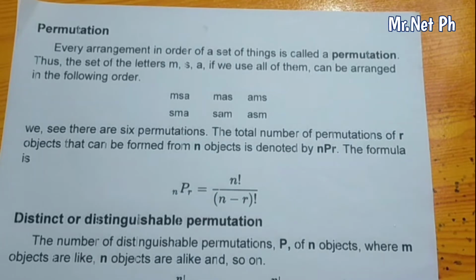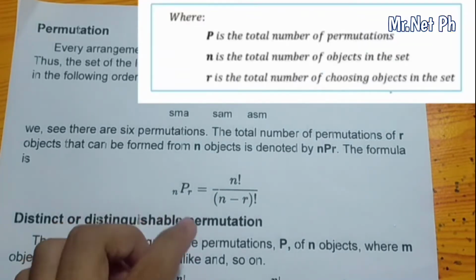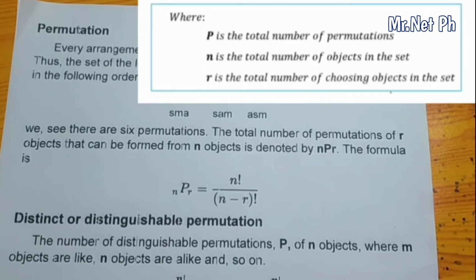So, P is the total number of permutations. The N is the total number of objects in the set. R is the total number of chosen objects in the set.